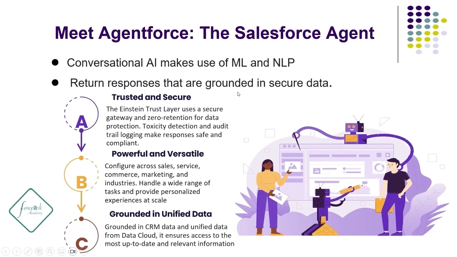So, Agentforce is actually an autonomous conversational AI on the Salesforce platform. The main feature of Agentforce agents is that they are trusted and secure. The Einstein Trust Layer uses a secure gateway and a zero retention policy. That means the third-party LLM is not allowed to retain any kind of sensitive information for model training or improvements.